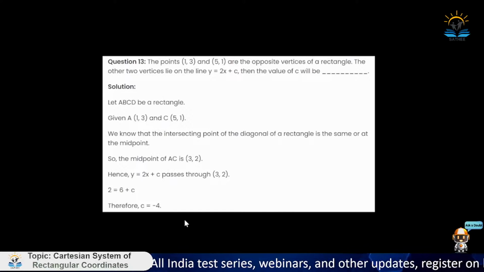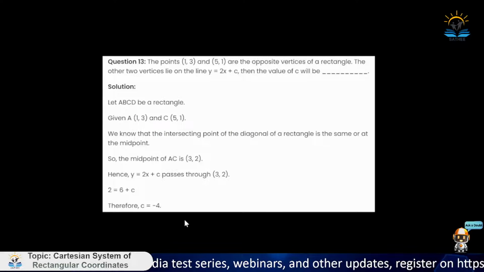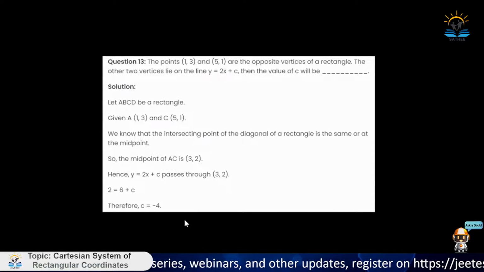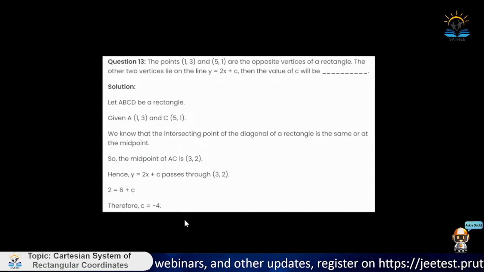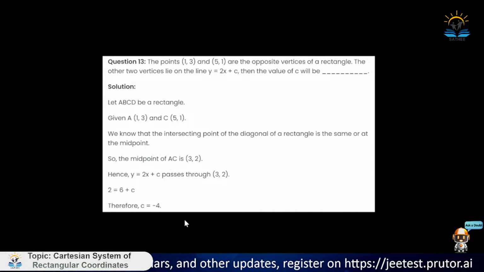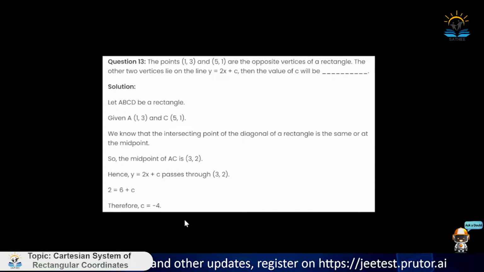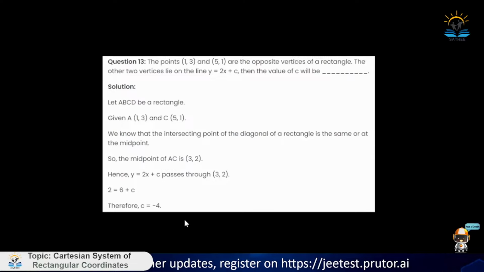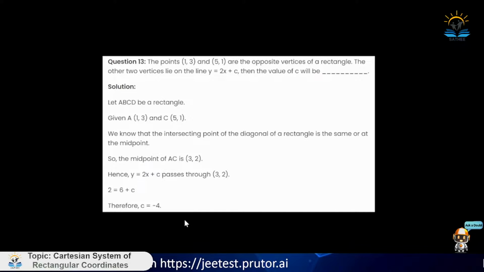The points 1, comma 3 and 5, comma 1 are the opposite vertices of a rectangle. The other two vertices lie on the line y equal to 2x plus c. Then the value of c will be. So here we know the vertices of the diagonals, and the other two vertices lie on the line.